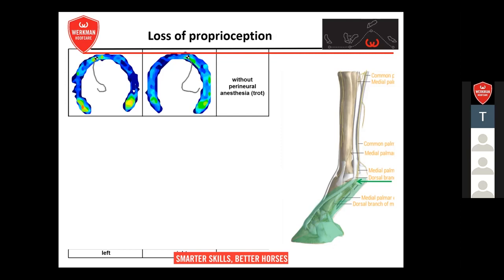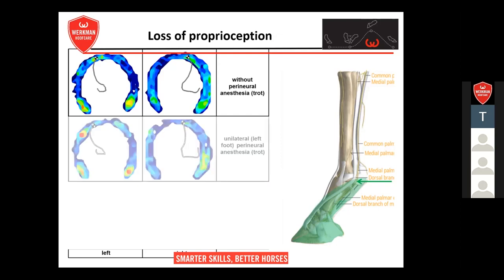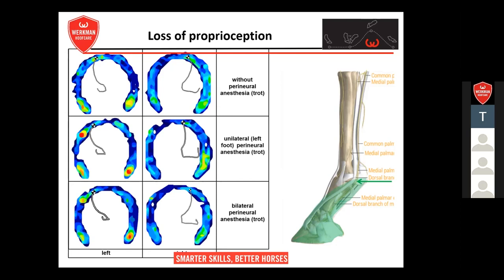And then we blocked the nerves. So we had no feeling at the hoofs after we blocked the left and then the right foot. In the images, you see the landing or the motion pattern during stance phase, at least in the lower row, without any feeling at the hoofs. So you can see before and after anesthesia, we have no change of the individual landing and motion pattern.